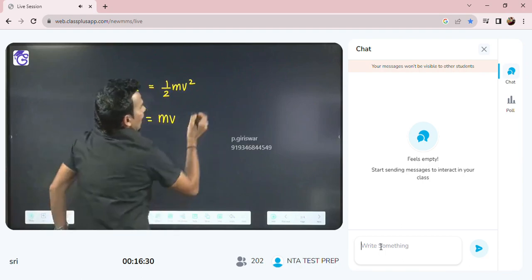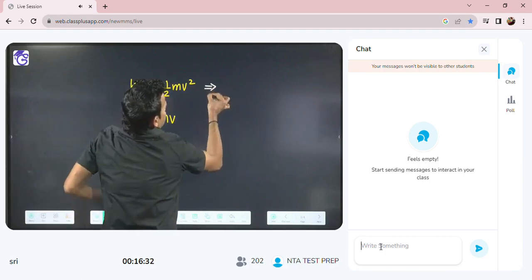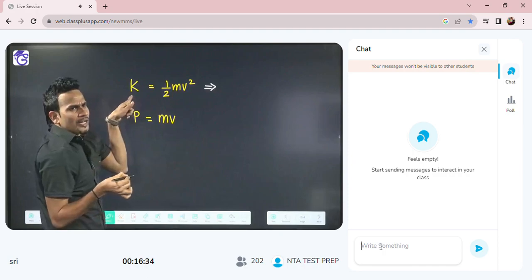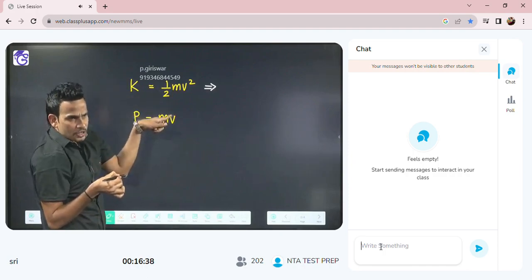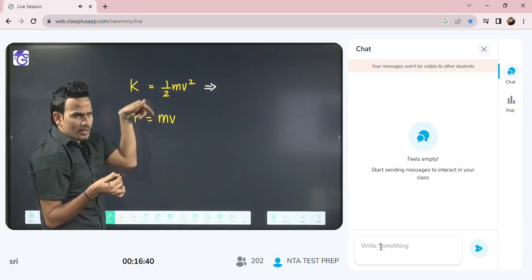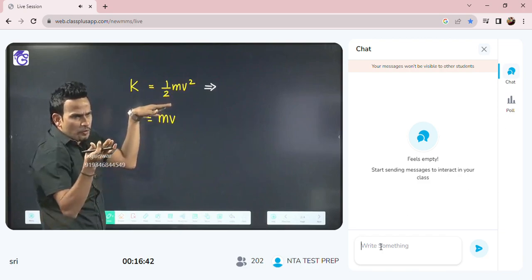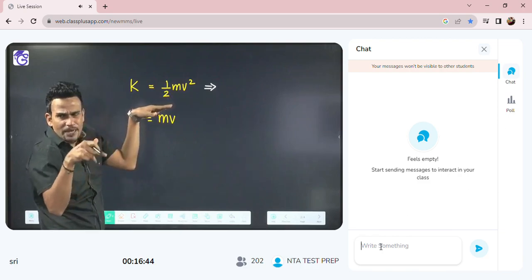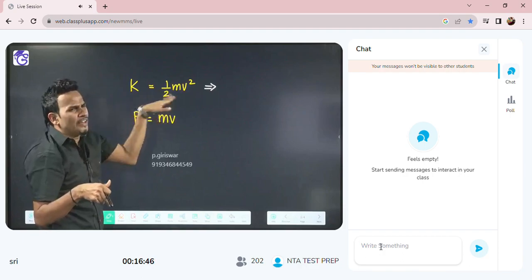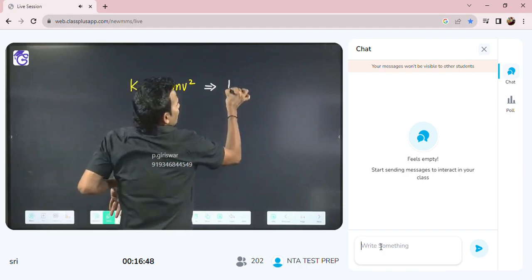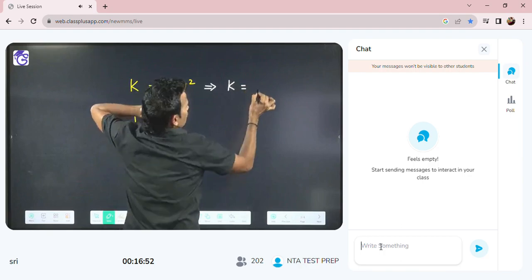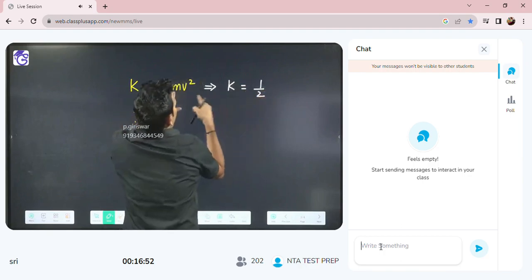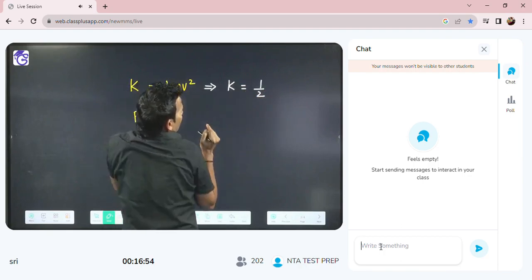Just see here how to get the relation between kinetic energy and momentum. After that, you have to remember that result also. Most of you know that kinetic energy will come as P square by 2m, so I will derive it very fast. In order to get the relation, I will multiply half mv square with m and divide with m.